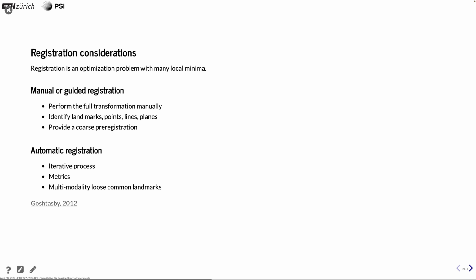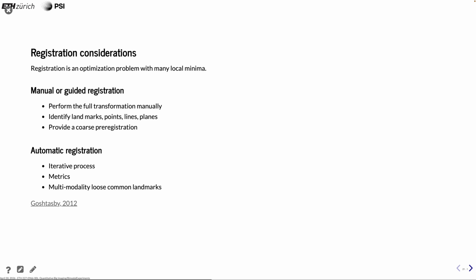When you do the registration, we already talked about it last week, registration is an optimization problem, and the problem is that there are very many local minima, and it's very hard for the algorithms to really find it unless you give it a good start. So often we have to do some manual or guided registration to bring it more or less in the right region for doing the registration.